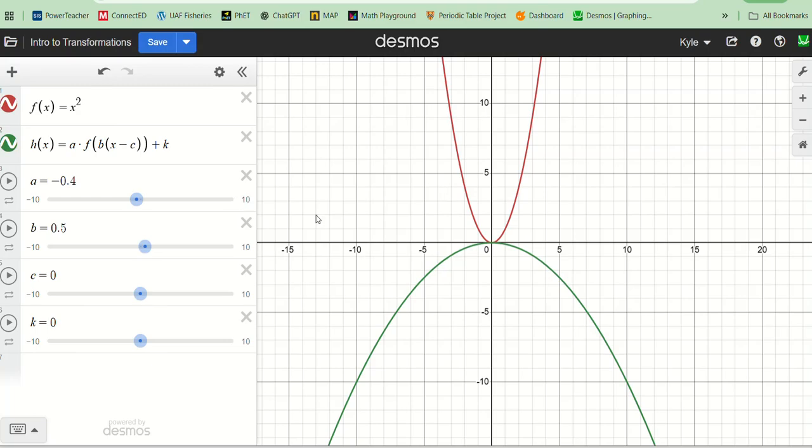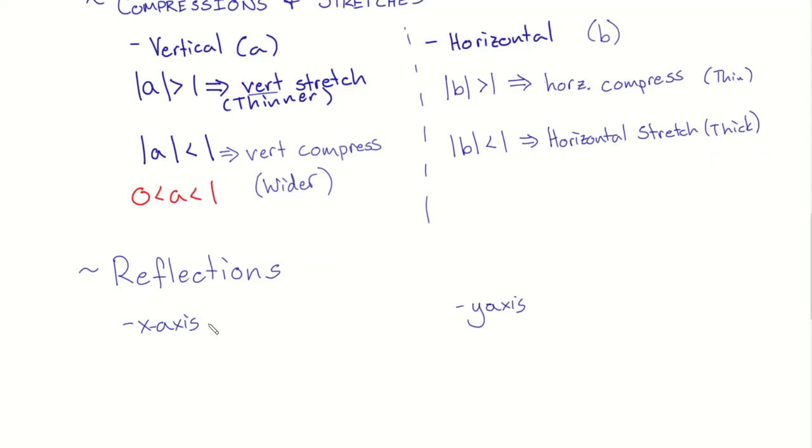If A is negative, though, I see that there was a reflection. What do we reflect over? So check it out. A is this x-axis reflection, and I'm not going to put A here like we have been because it's more associated in my mind with these vertical changes. However, we're just going to make one little easy statement. A less than 0 implies we do what?